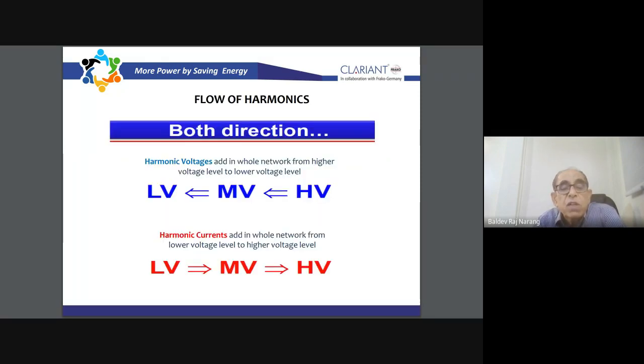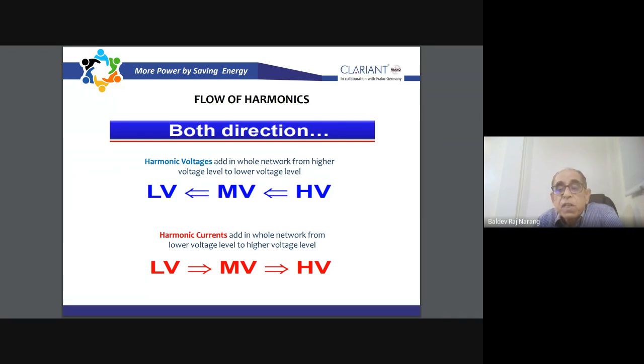This is one question which we took earlier also. I think Singlaji asked. Here we have two kinds of harmonics, voltage harmonics and current harmonics. The current harmonics are generated by the nonlinear loads, at the load, and they flow back towards the system. Their direction of flow is from low voltage to medium voltage to high voltage and then to the grid.